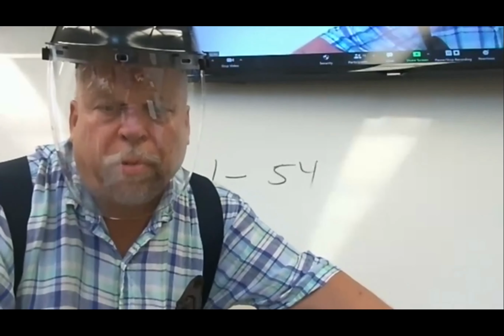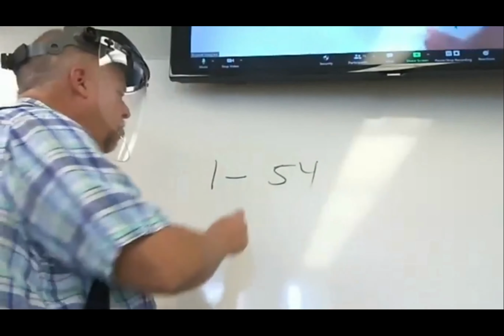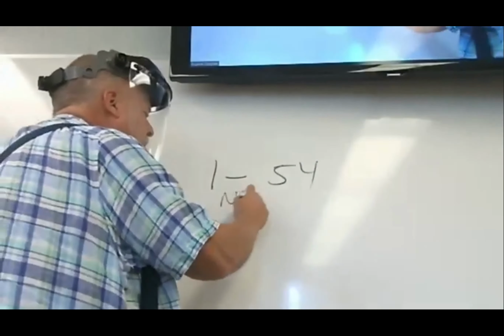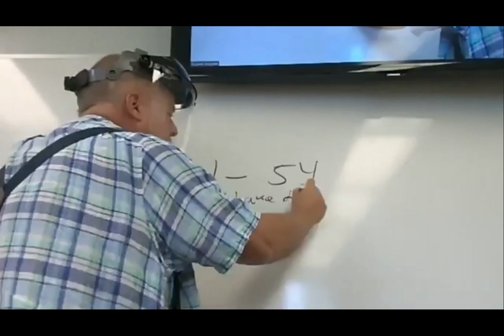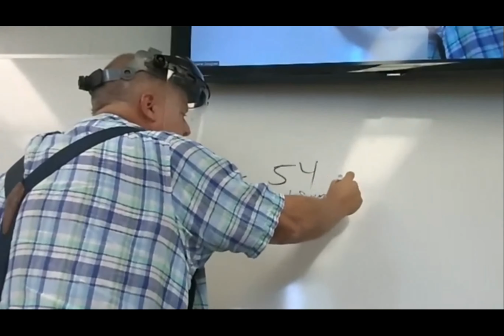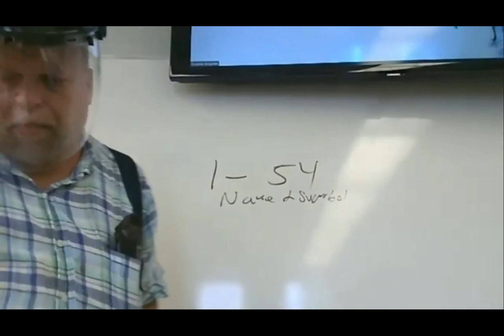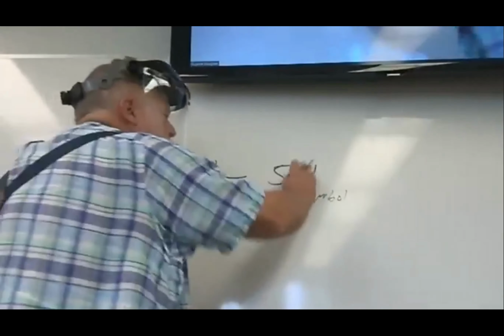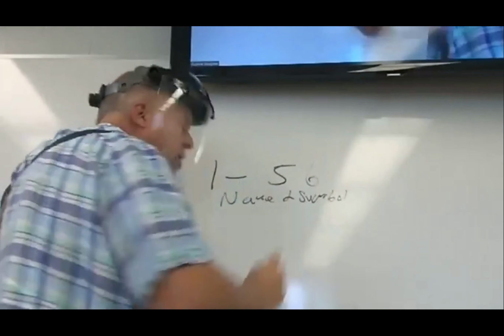Okay, we're recording now. So 1 to 54 on the periodic table, essentially the name and the symbol. And then above that, 1 to 56.